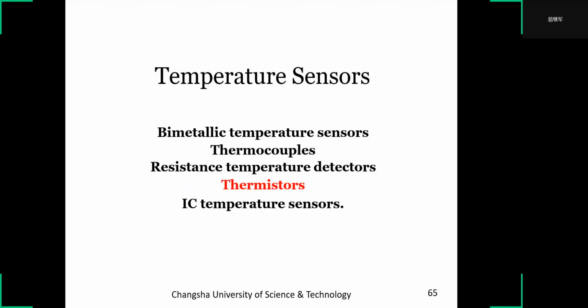Next, temperature sensor. Temperature sensors include mechanical temperature sensors, thermocouples, resistance temperature detectors, thermistors, and IC temperature sensors.